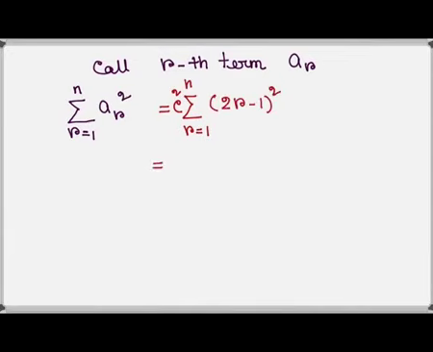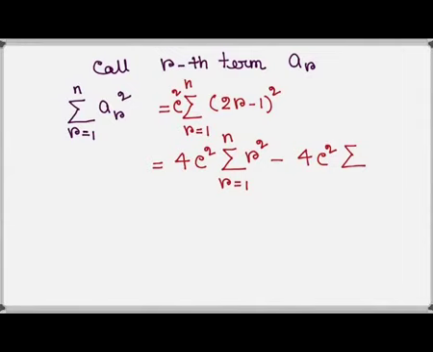So, this is 4c square into the sum running over r from 1 up to n of r square, minus 4c square into the sum running over r from 1 up to n of r, plus c square into the sum over r running from 1 up to n of 1.